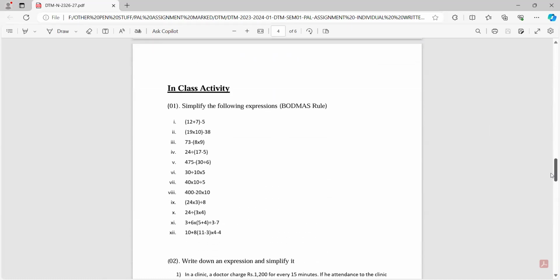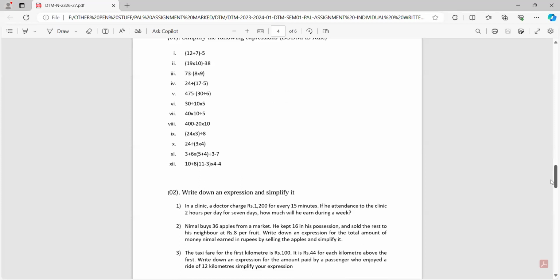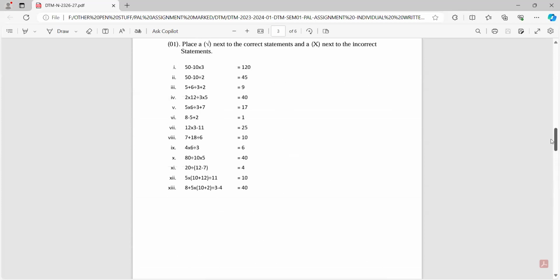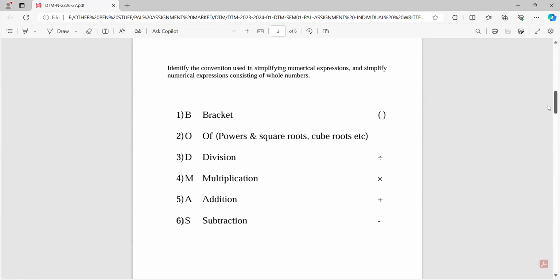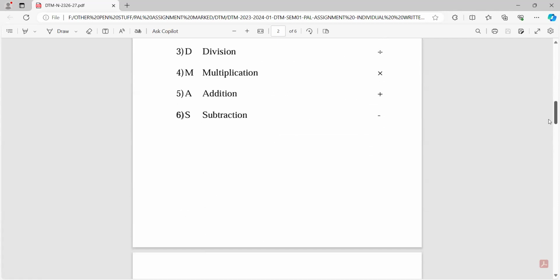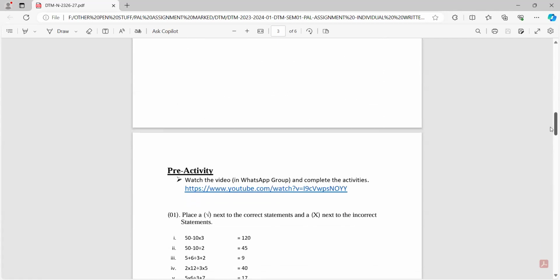In class activities: simplify the following expression using the BODMAS rule, I think. So they learn about BODMAS, brackets, of, division, multiplication, addition, and subtraction, by watching the video.